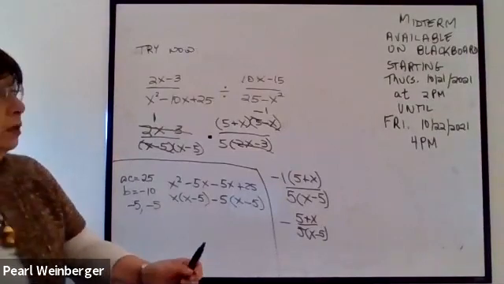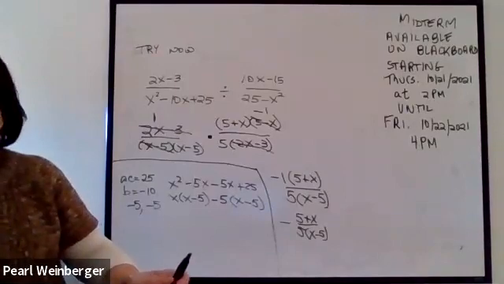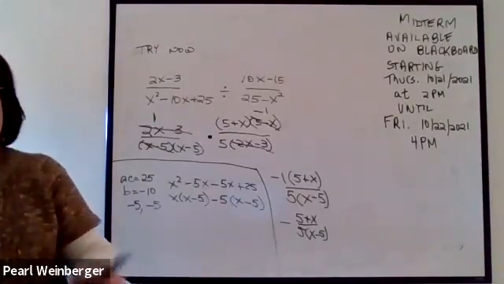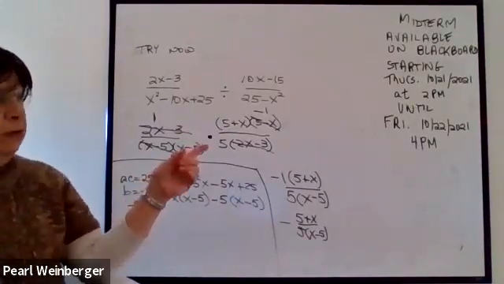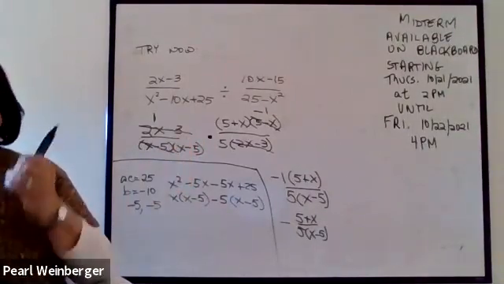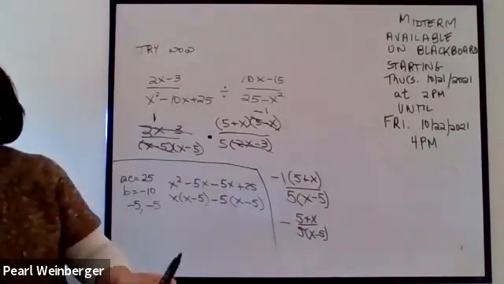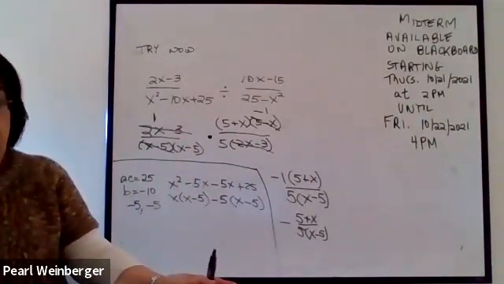It will close automatically after 75 minutes, and it will not be available after 4 p.m. on Friday. So don't think you can start the test at 3:30 and have an hour and a half from there. It's going to close at 4 o'clock no matter what.